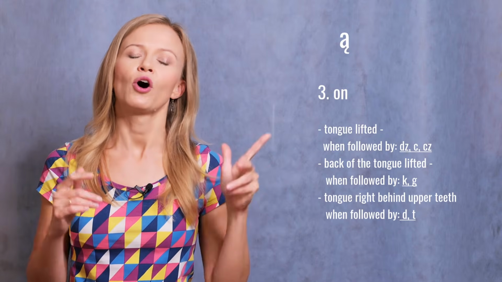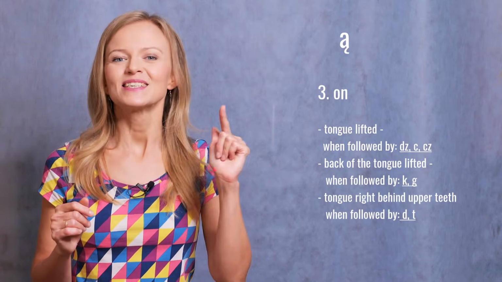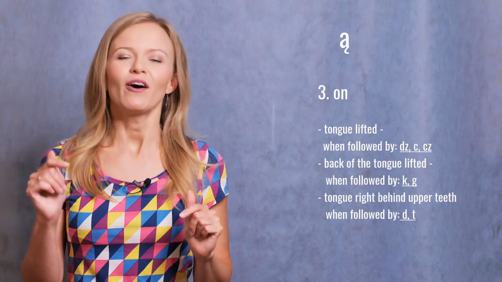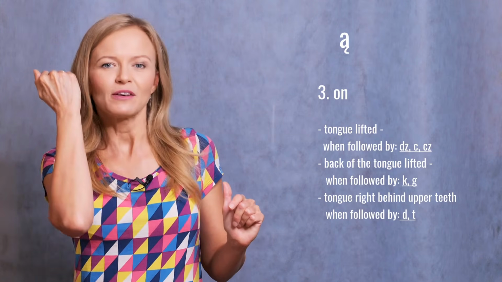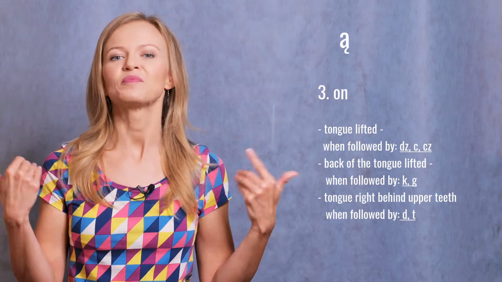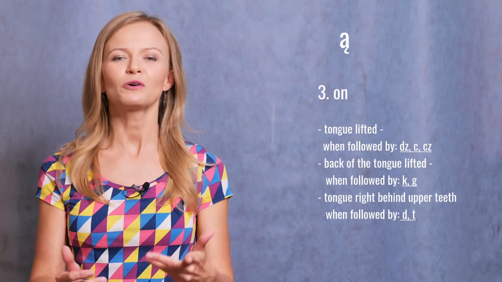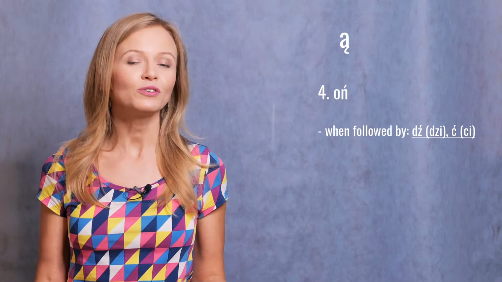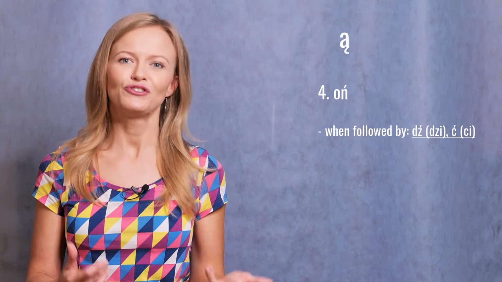This is when on is followed by dz, c or czy, like pieniądze. Or the back of your tongue can be lifted, and this happens when on is followed by G or K. If on is followed by D and T, the tip of your tongue is just right behind your upper teeth. Also, it can be pronounced as oń when followed by G or ci, and if it's followed by w, then it's pronounced simply as o.